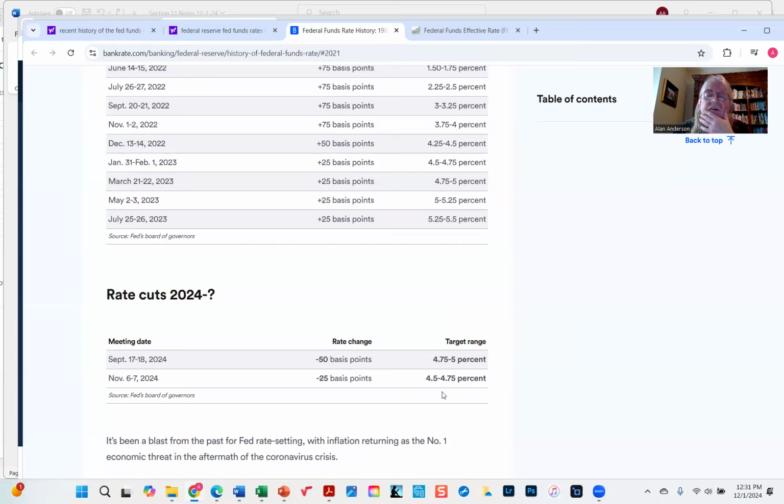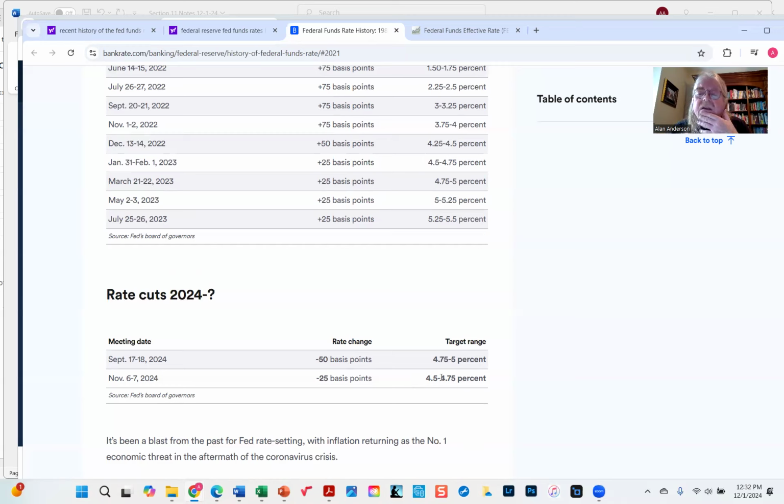And what that means is that, for example, right now, if it starts to drift below 4.5%, they'll step into the market. In order to raise the rate a little bit, they'll withdraw some reserves from the banking system, and that will nudge the rate back up. If it's getting too high, above 4.75, they'll put more reserves back into the banking system that they can lend out, and that will push the rate back down again.